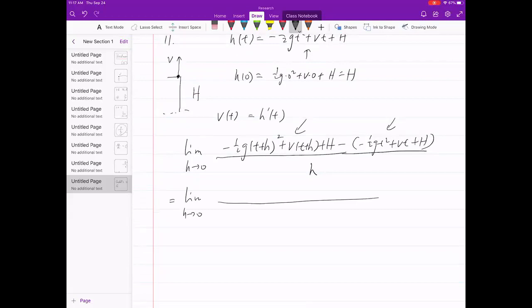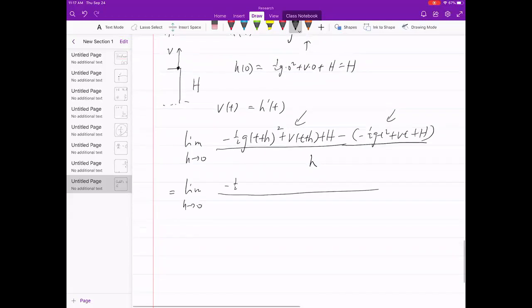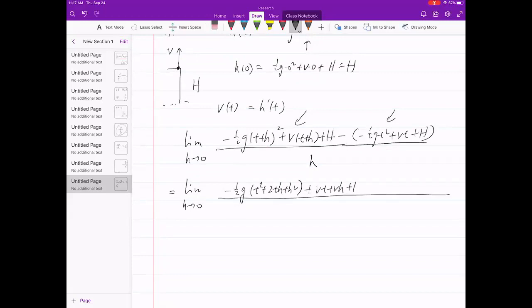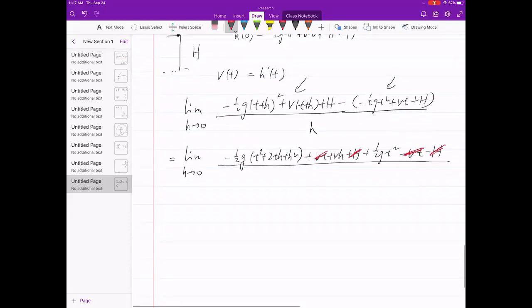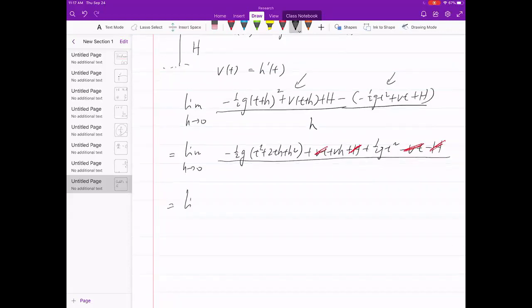Through some algebra, t squared plus 2th plus h squared, plus vt plus vh plus h, plus 1/2 g t squared minus vt minus h. Now they cancel. They cancel. They cancel.